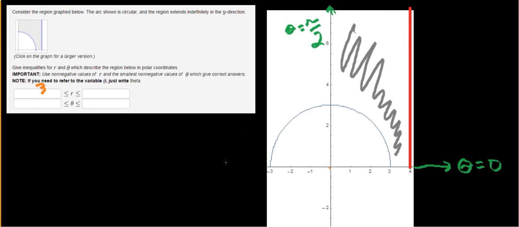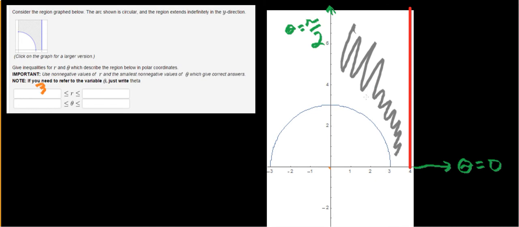If we kept going, this would be pi, this would be 3 pi over 2, and then we come back to 2 pi.